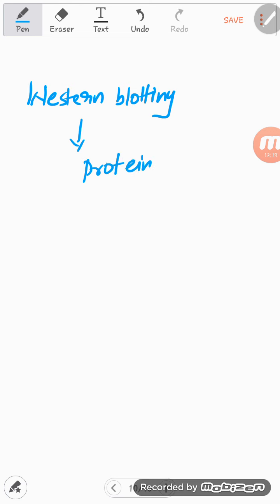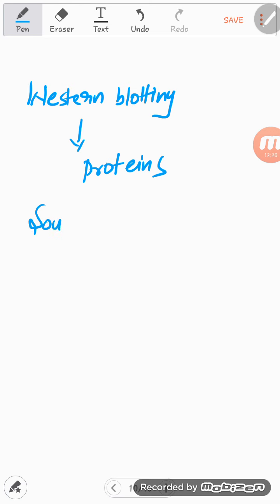So going ahead, I just want to cover a few important mnemonics related to biochemistry, as we are covering bio right now. So first, I want to go a bit slow. Western blotting technique, you can remember it is used for proteins. Next is Southern blotting technique.